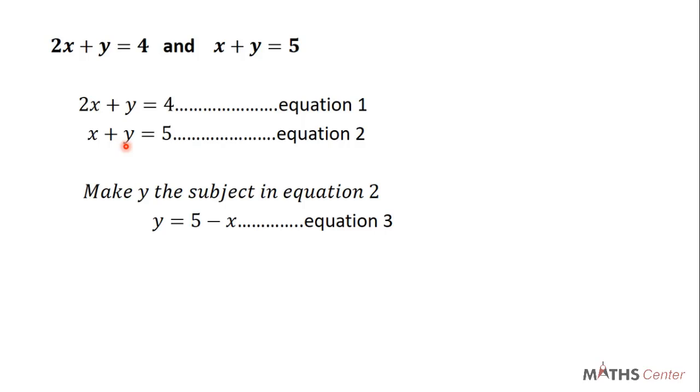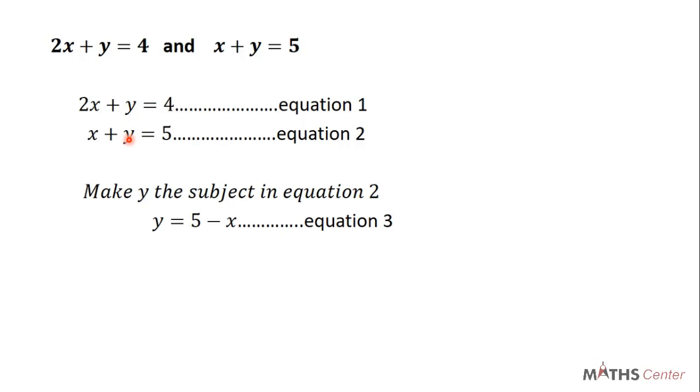In making y the subject in equation 2, what it means is that I want to make y stand alone. So I'll take x from this side and bring it over here. So I'll have y is equal to 5 minus x. Now, I'm going to call this new equation here equation 3. After I've made y the subject in equation 2, I will substitute this new equation into equation 1.